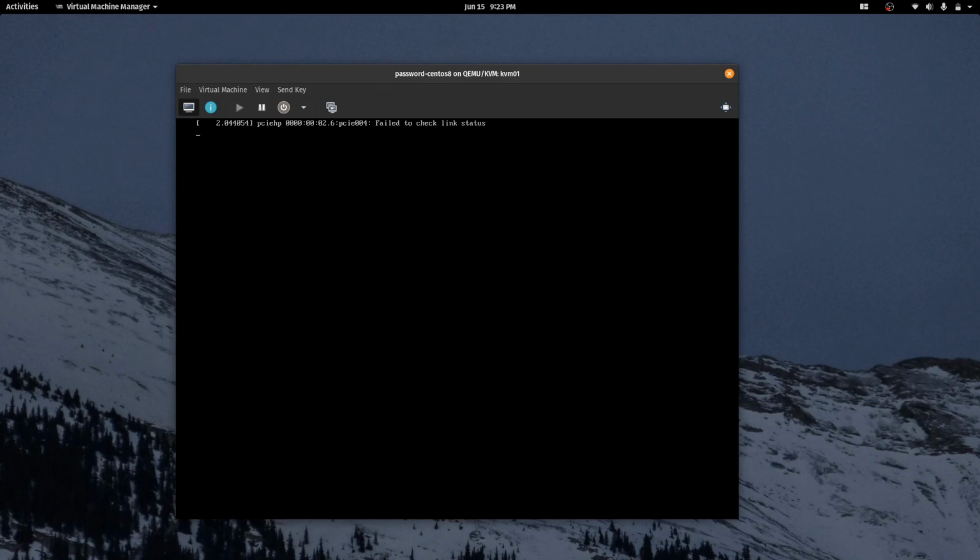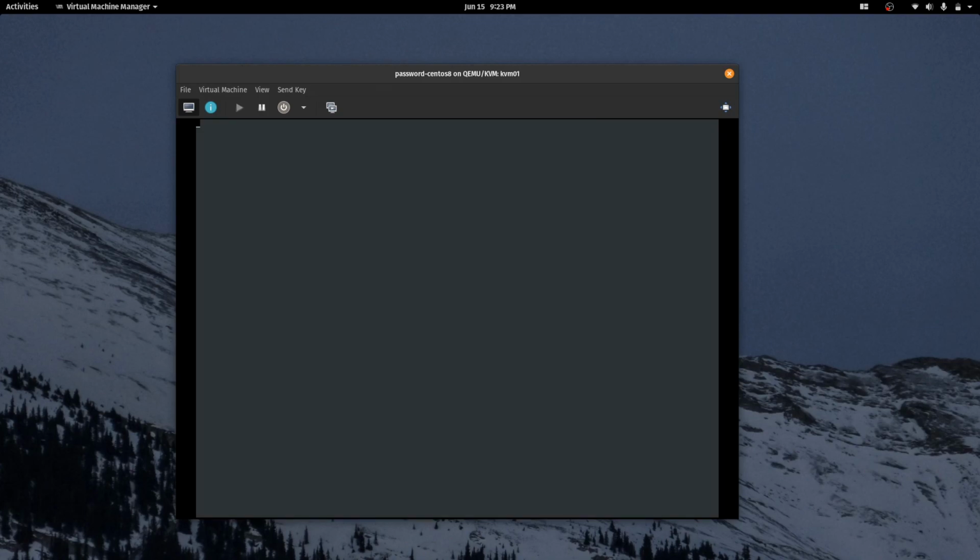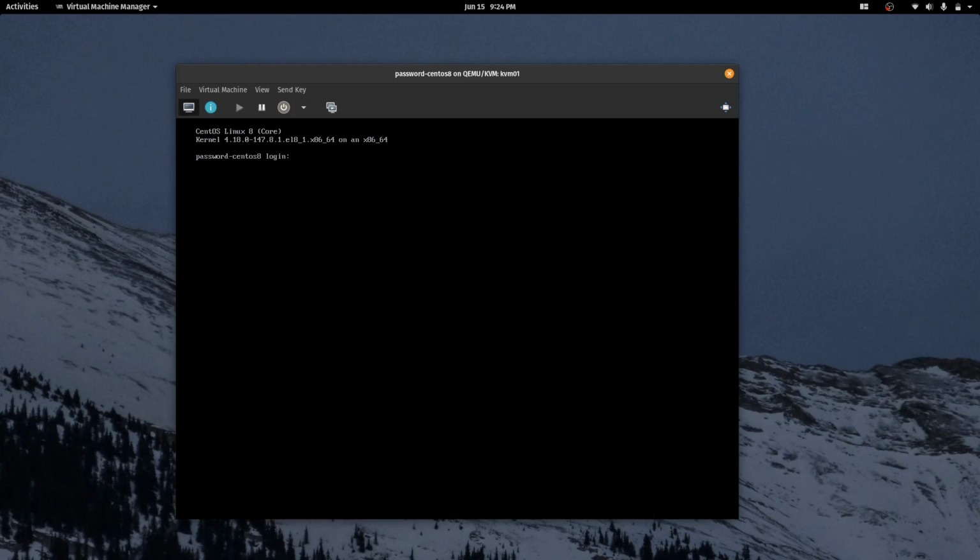Because even though there will be an SELinux violation, being in permissive mode is going to allow the action and just note the violation. So root, mint, just fat fingered mint, can't believe that. Mint, yep, and we're in. So that was the thing.